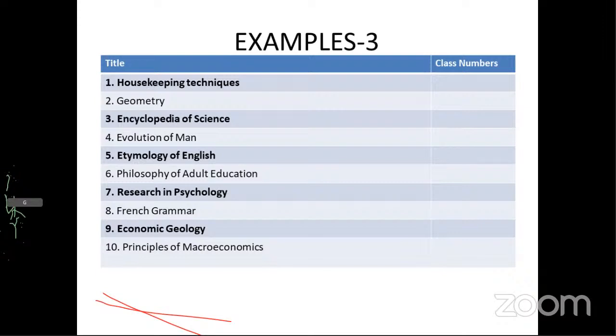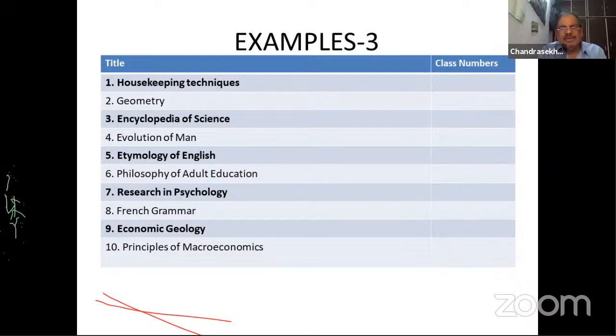No, etymology of English. What is the number you have given? 422 is etymology of English language. In that one, 4 is languages, 2 is English language, 420 is English language. In 422, the last 2 is representing etymology. It is taken from table 4, and he has already combined it here for the English language.